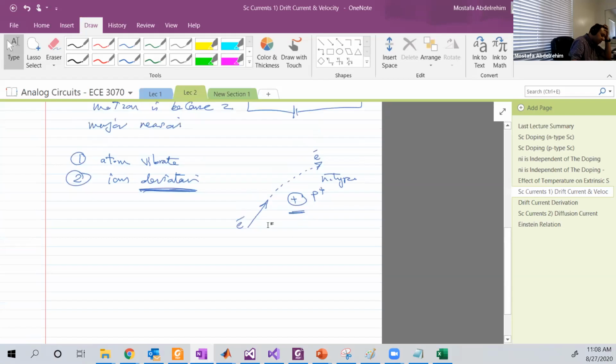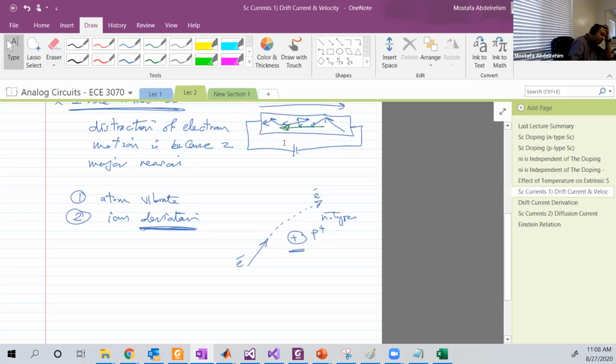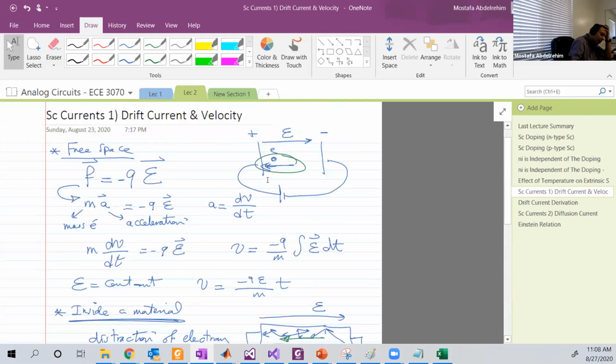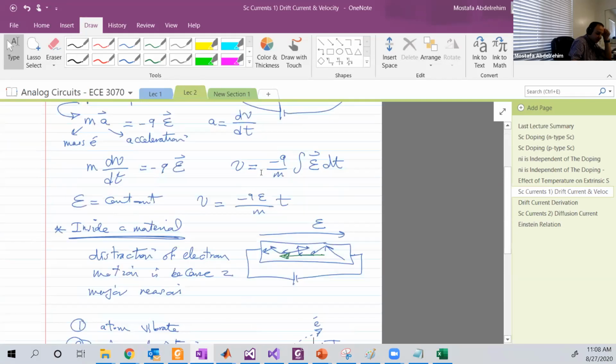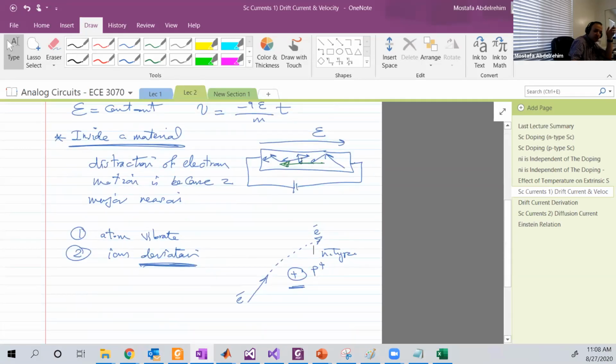So that's why the motion here is not a perfect motion like in free space. It's distracted all the time. But there is a net direction, for example, you can say a resultant current in a certain direction. Okay? So this is how electrons will move inside the material.